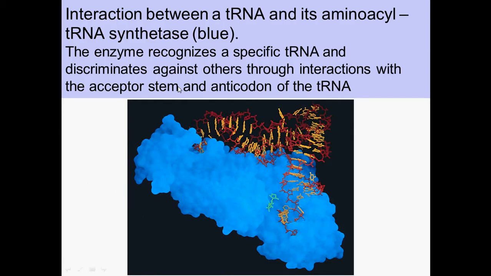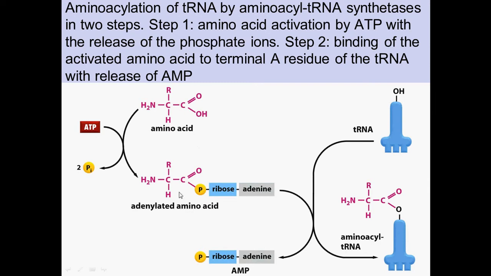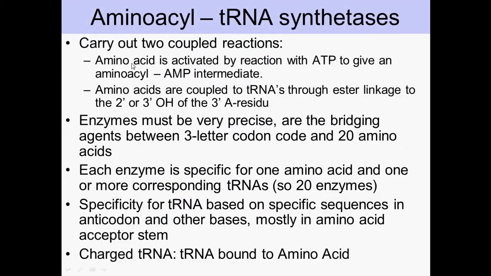This is where amino acids are going to be bound to the transfer RNAs. The amino acid is activated by the reaction with ATP to give an aminoacyl AMP intermediate.